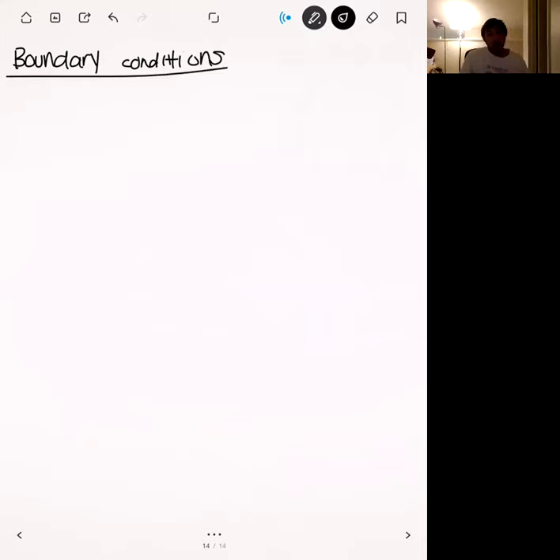Our boundary conditions here: we have one Dirichlet boundary condition, so that's fairly simple. The Dirichlet boundary condition is going to be on phi 1. So phi 1 is equal to our Dirichlet value, which was again 1.